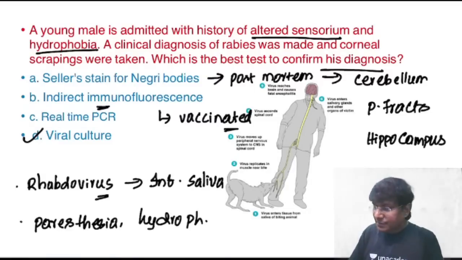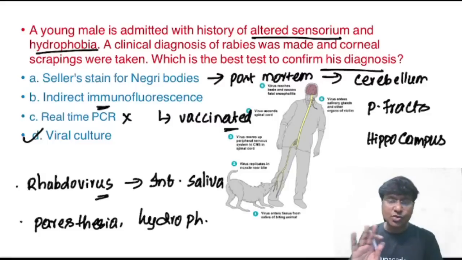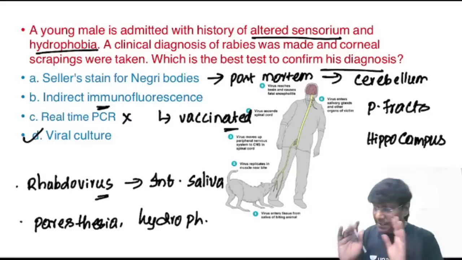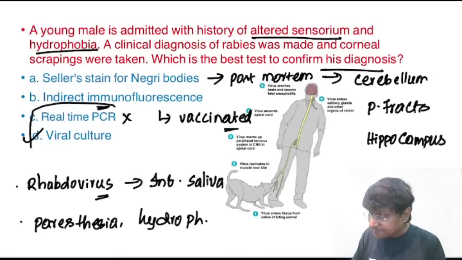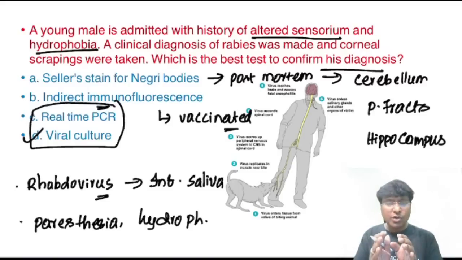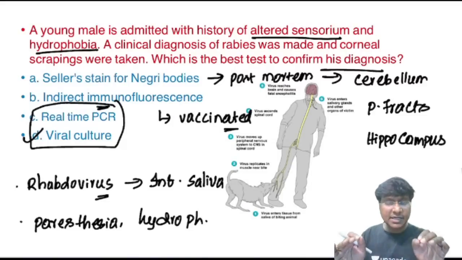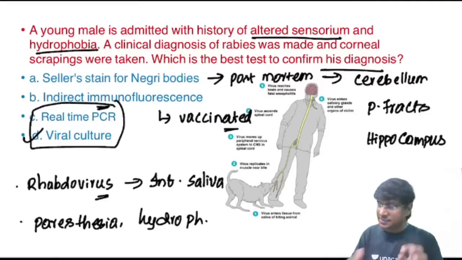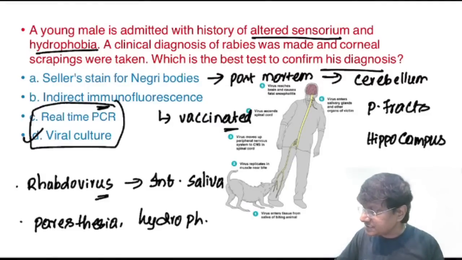Okay, then real-time PCR is also not helpful for diagnosing rabies. But if you take real-time PCR as well as viral culture, both of them are very close choices. But in the textbook of infectious diseases, what is the textbook of infectious diseases?